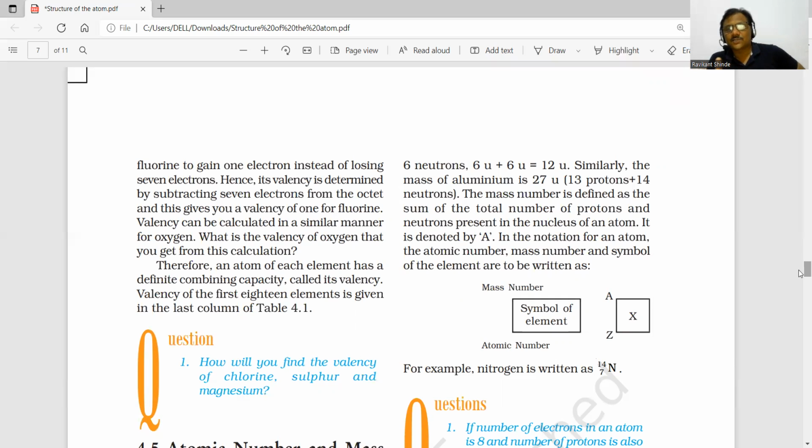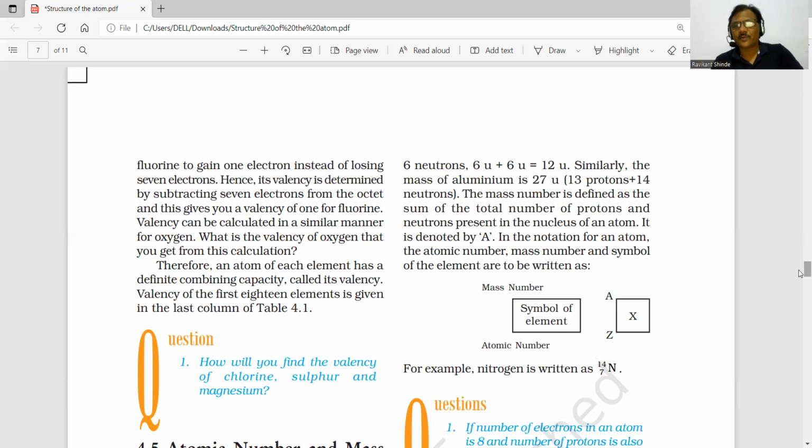Because nitrogen needs 3 more electrons to fulfill the outermost electronic configuration, that is 8 electrons in the valence shell. That's why it accepts 3 more electrons. So we get the valency. In this way, if you subtract the valence shell electrons from 8, you will get the valency of that particular atom, mostly for non-metals.